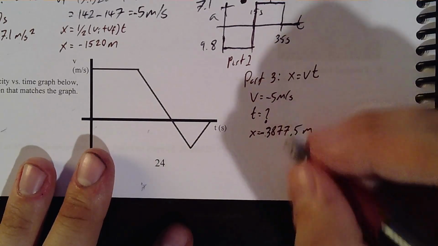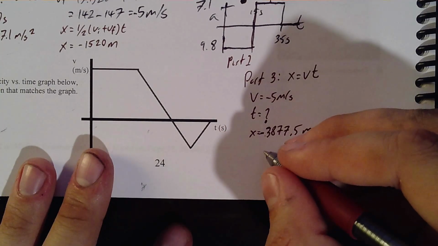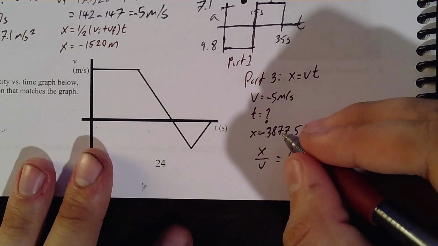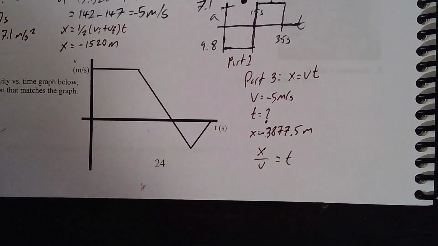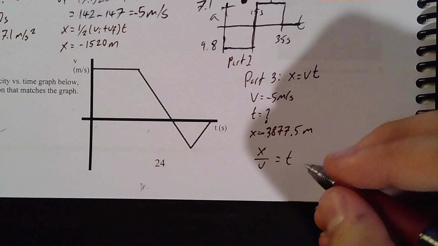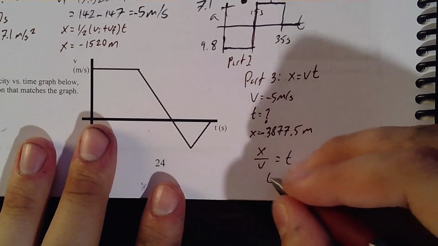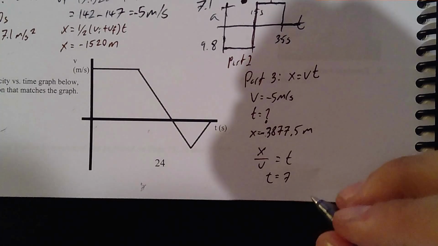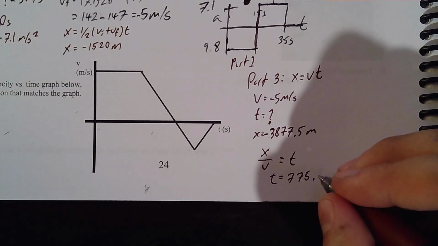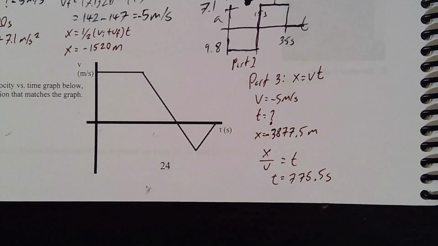We know that it's this plus this, or this divided by this. X divided by v is equal to t. So we take our x number divided by that, divided by 5. And we get a solid time equal to 775.5 seconds.